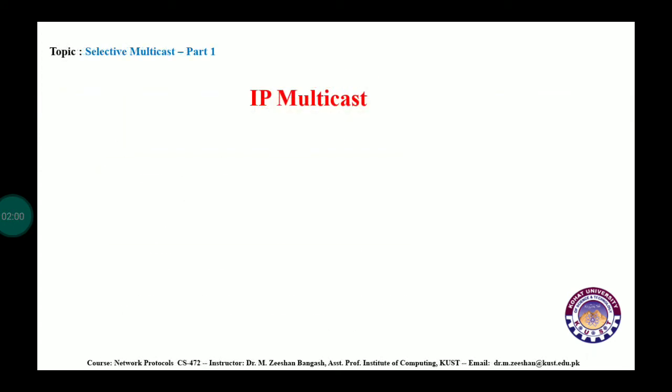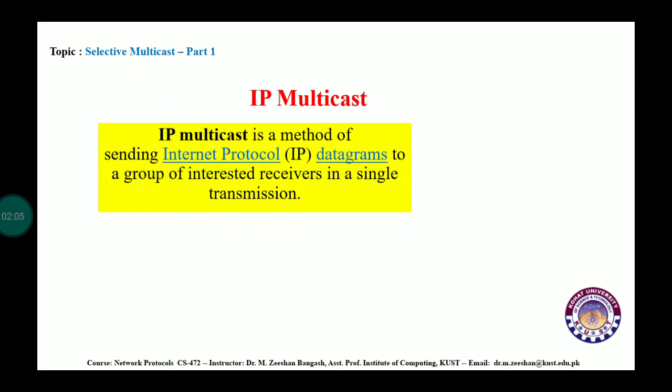So about IP multicasting, it's basically the method through which the packets are sent, or we can say that the internet protocol datagrams are sent to a group of interested receivers, and this sending is performed in a single transmission.